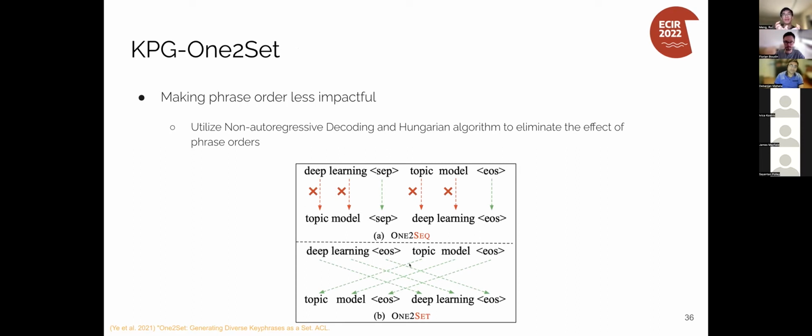You know the transformer, they can be implemented as a non-autoregressive decoder. And then the Hungarian algorithm is also used to align the order of the target phrases dynamically. So in this way, during the training, the model is not aware of which phrase should be generated before another one. So all the phrases are just treated as a set.